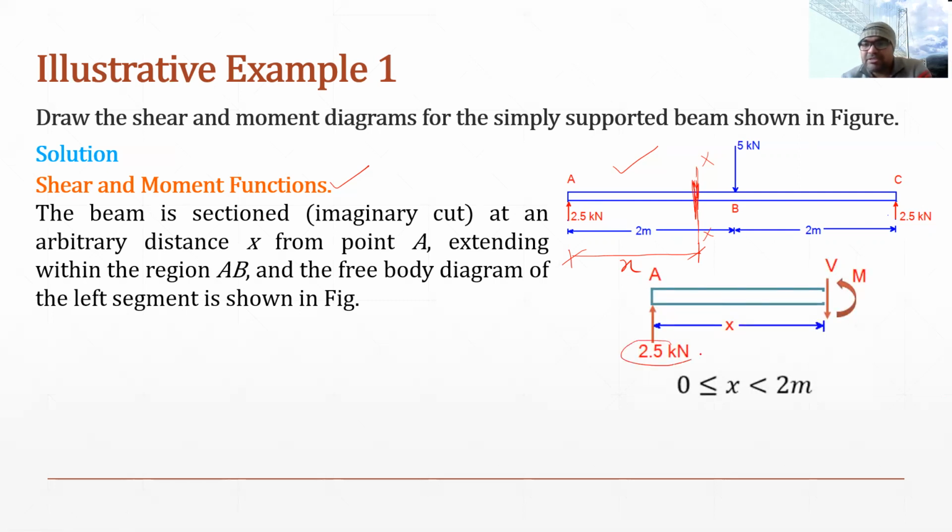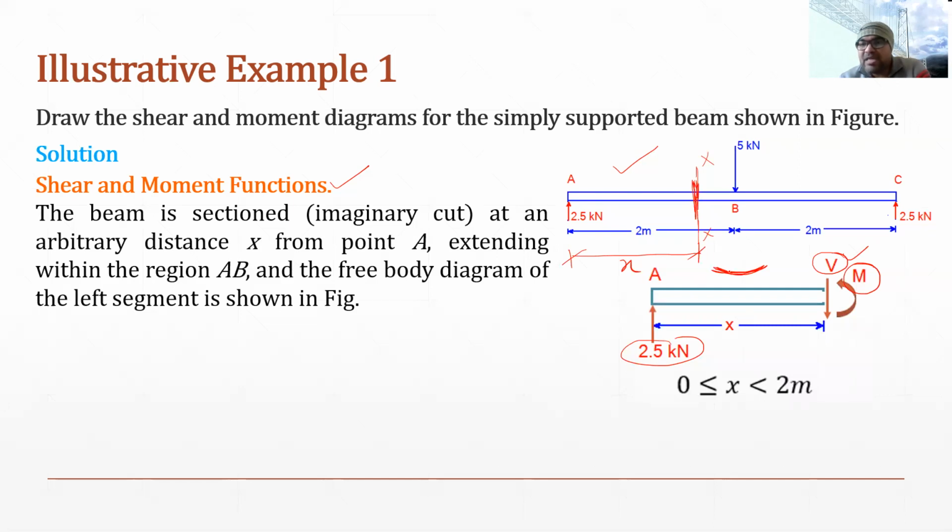This is the reaction, this is the internal force V downward and M anti-clockwise. As I said, they will be considered as positive. Why? Because all the segments that we will be dividing are supposed to have a sag.